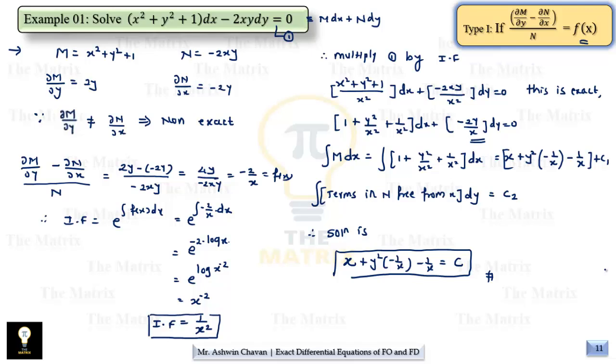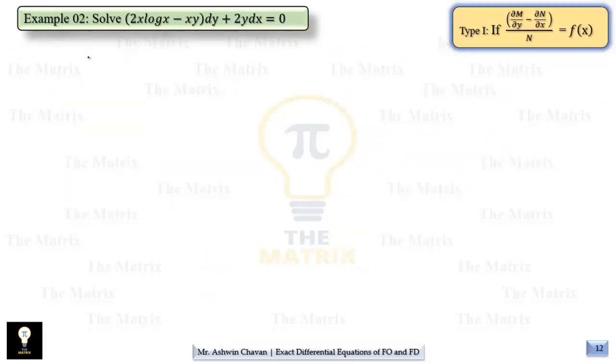We have one more example of this type. Now in this example, if we match this with the format M dx + N dy, we get M as the coefficient of dx, that is 2y, and N as the coefficient of dy, that is 2x log x - xy. Let's see whether the differential equation is exact.